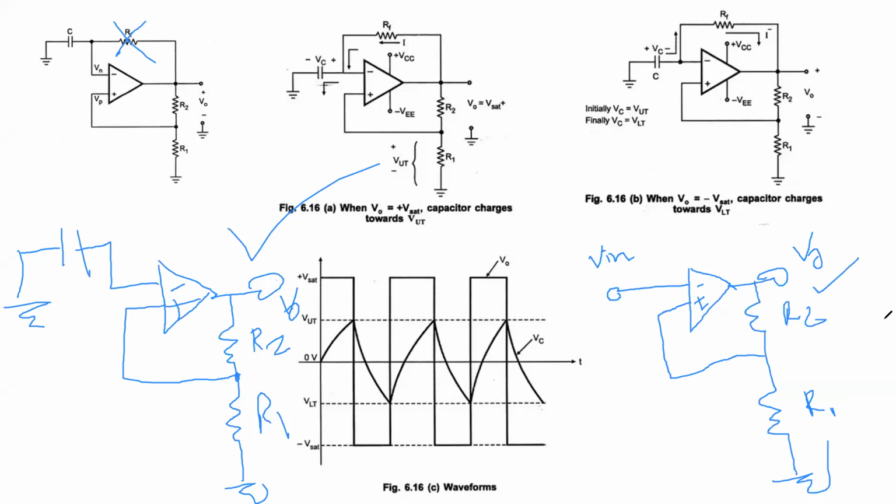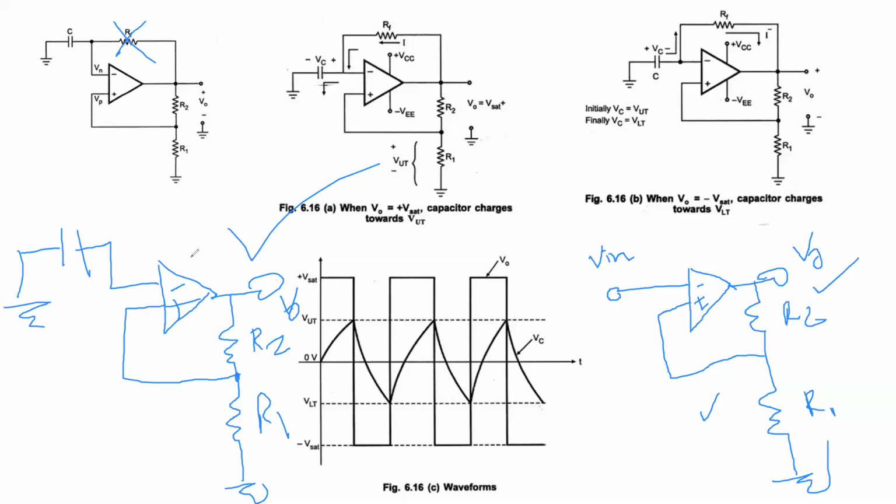What is the name of this circuit? Smith trigger. Which Smith trigger, what type? Inverting Smith trigger. Right, inverting Smith trigger.